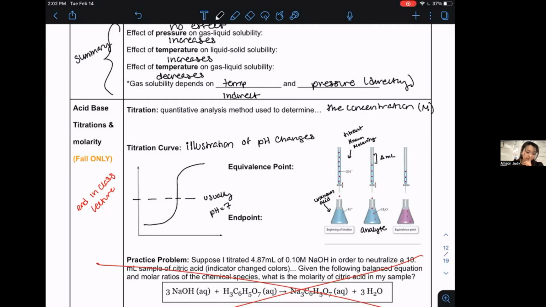The molarity of an unknown substance by reacting it with a substance of known molarity.